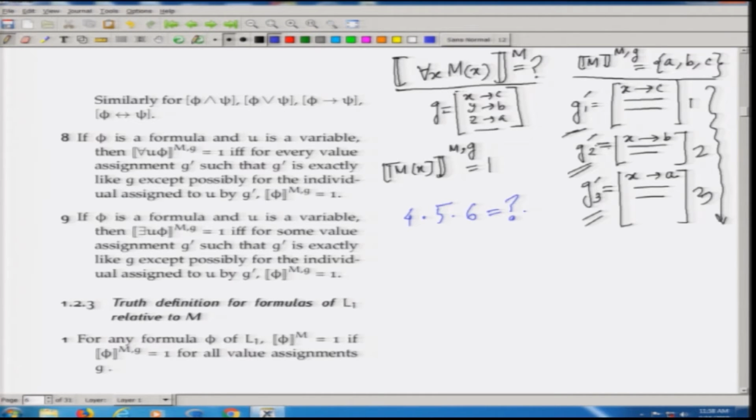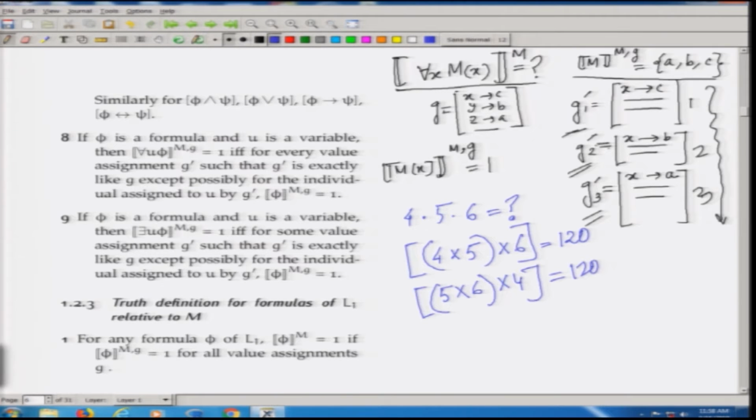We may start with 4, then multiply 4 by 5, and then multiply by 6. We get 120. But this is just one way of doing it. We could have started with 5 multiplied by 6 multiplied by 4, which would once again give 120.